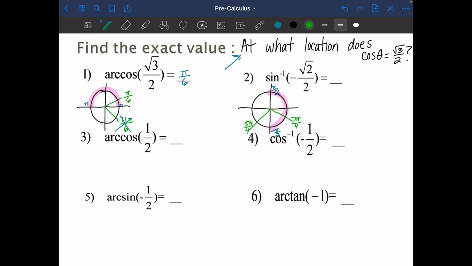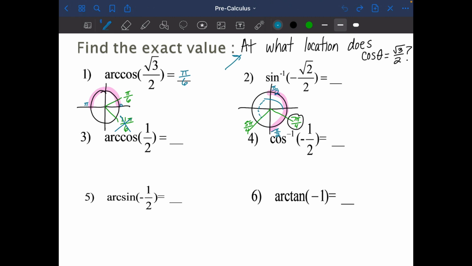And what a lot of people do is they look and they're like, oh, 7 pi over 4, that's clearly the answer. But in order to get to 7 pi over 4, I would have to go around the circle, go out of bounds, and then hop back in bounds. We cannot do that.